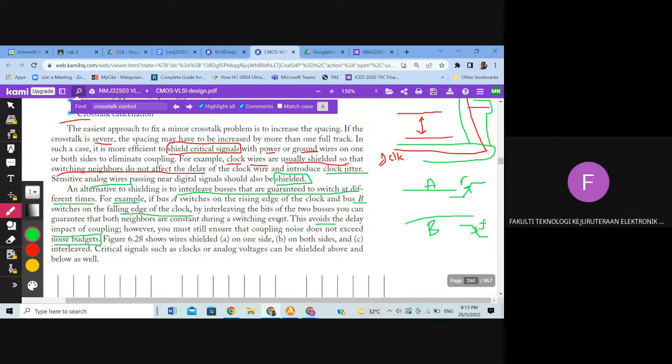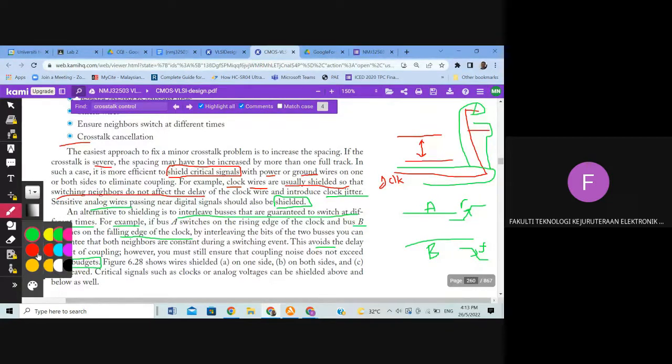So what is important here that I want to explain is, first, we have spacing: increase the space.